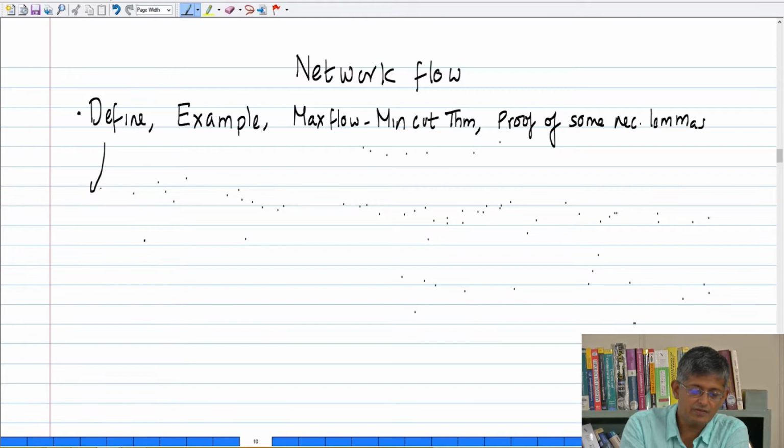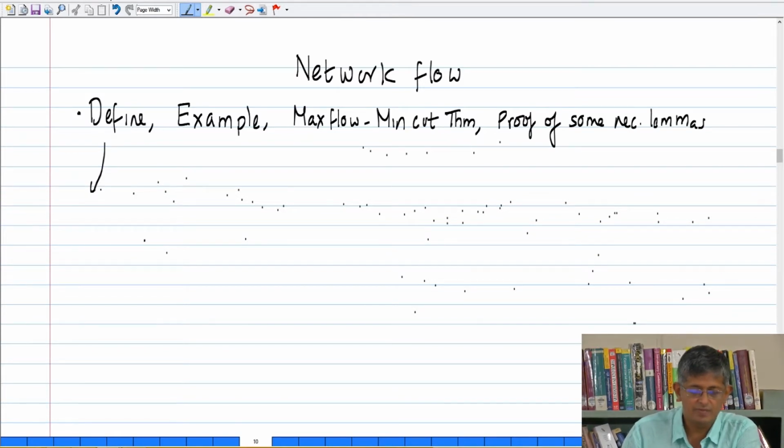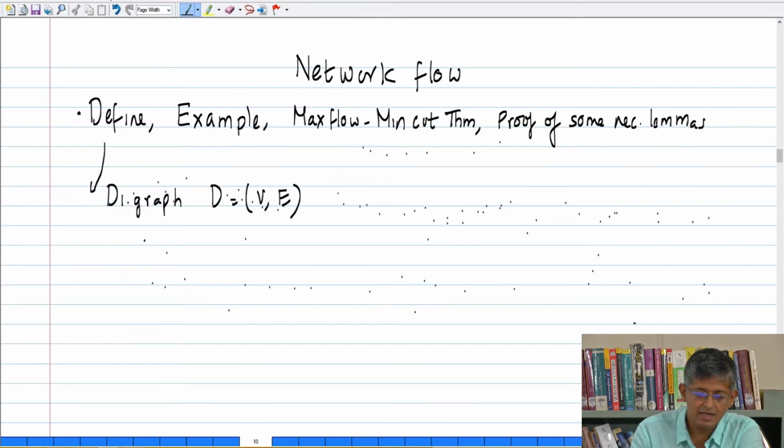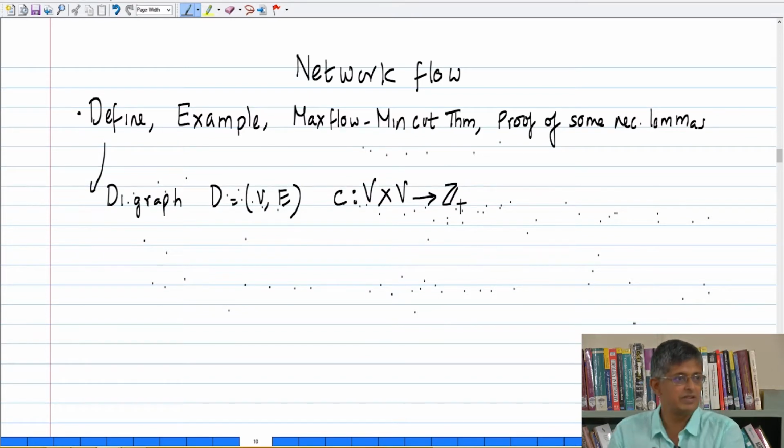So as far as the definition of a network flow goes, what we need is a directed graph D = (V, E), and there is a capacity function, which is defined for every pair of vertices. For the purposes of this discussion, let us assume these are non-negative integers.